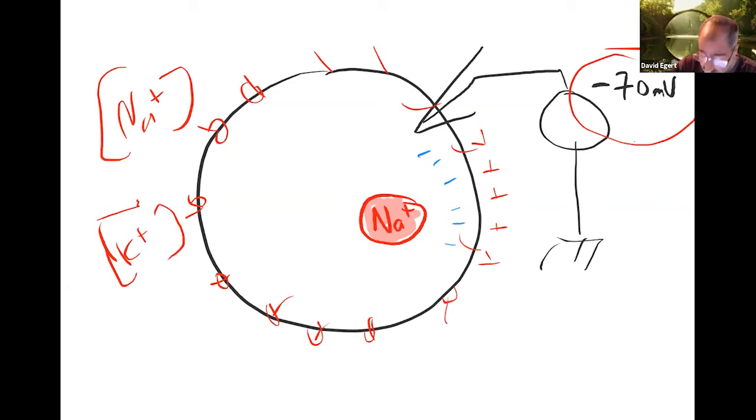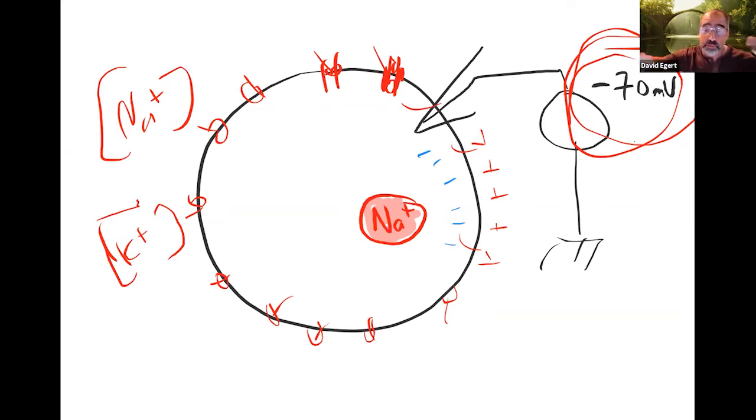So this number comes from a variety of conditions which we're going to talk about today. We're going to talk about concentrations of sodium inside and outside the cell, intracellular versus extracellular fluid. We're going to talk about what the normal permeabilities of the membrane are when a cell is at rest. And we'll also talk about how they change when the cell gets excited.